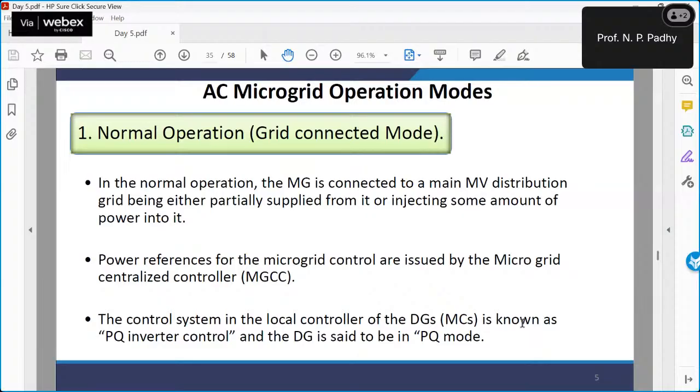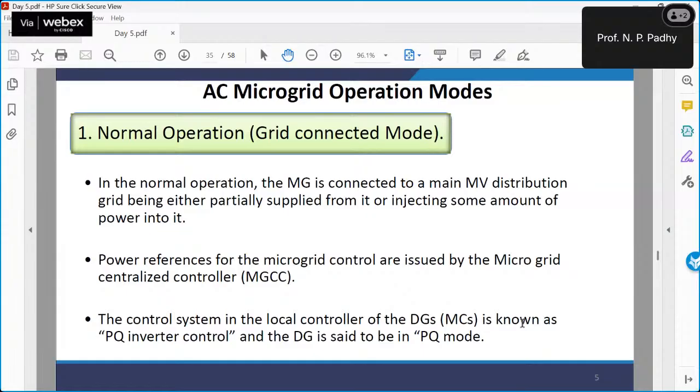Power references for the microgrid control, very important now. Each and every word that I am going to say from now for the next 15 minutes is very, very important. Power references for the microgrid control are issued by the microgrid centralized controller, so-called MGCC.